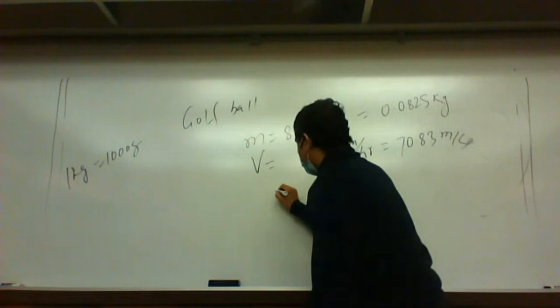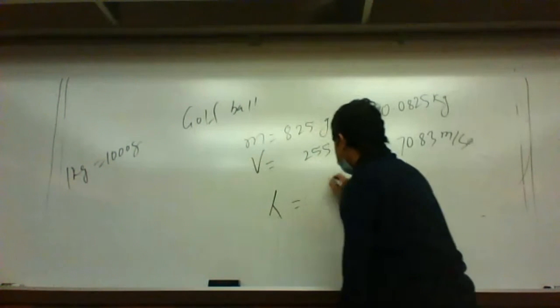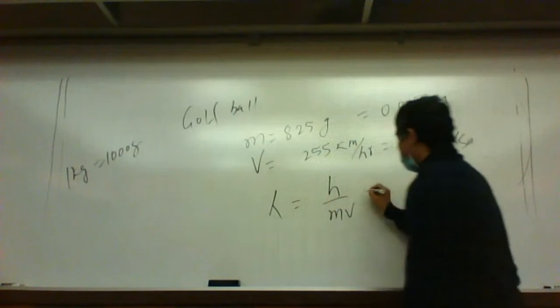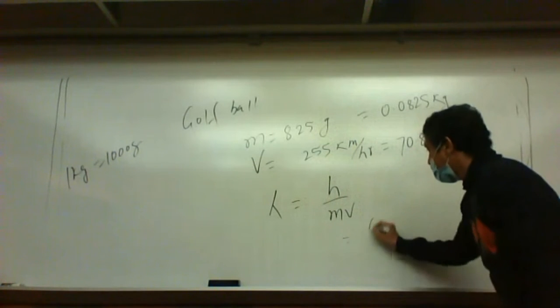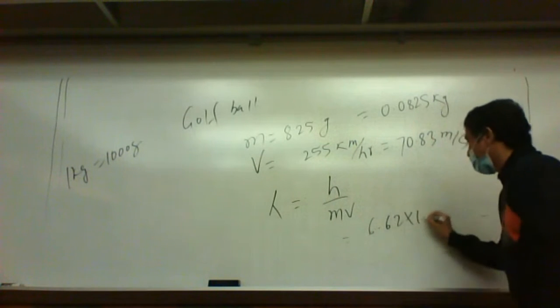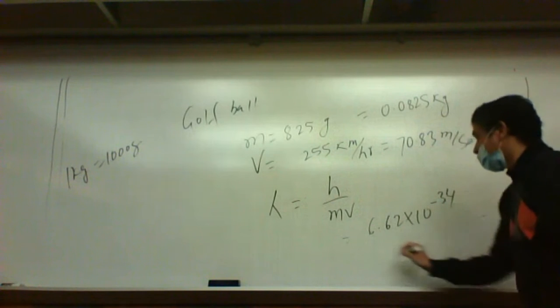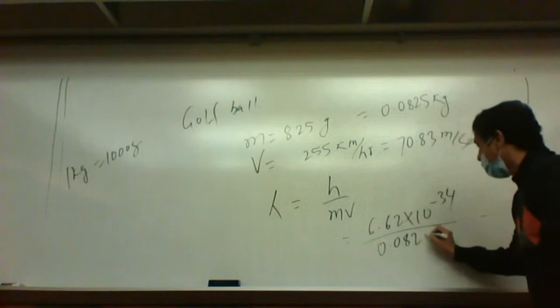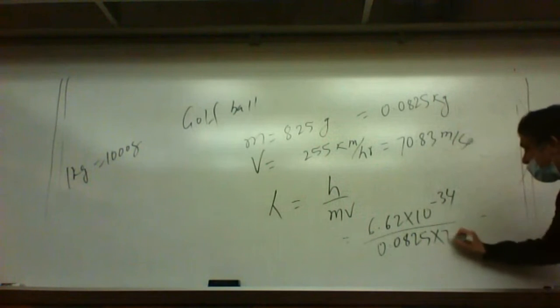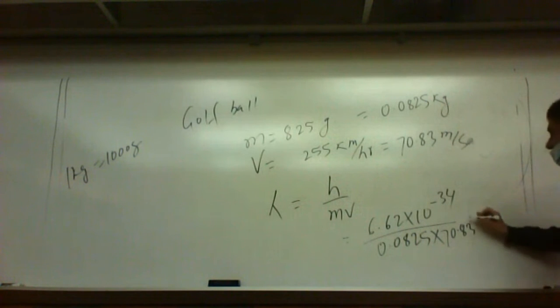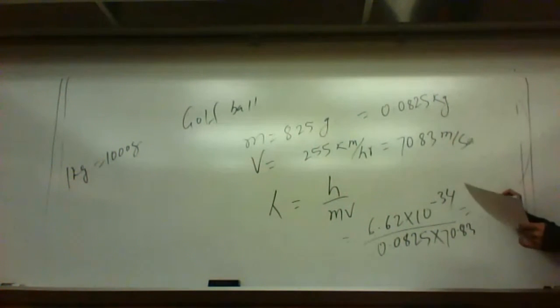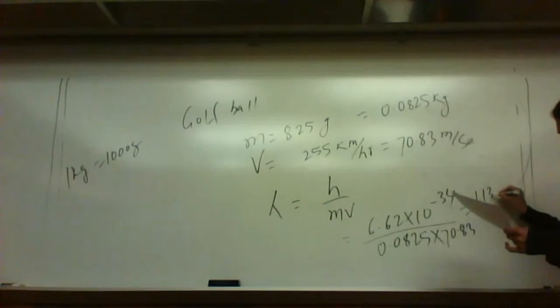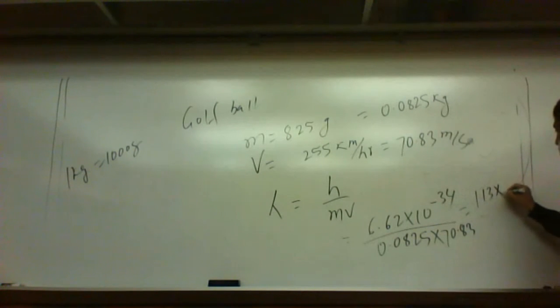Lambda equals h by mv. h is 6.62 times 10 to the power minus 34, the Planck's constant. m is 0.0825. Velocity is 70.83. That comes to 1.13 times 10 to the power minus 34 meter.